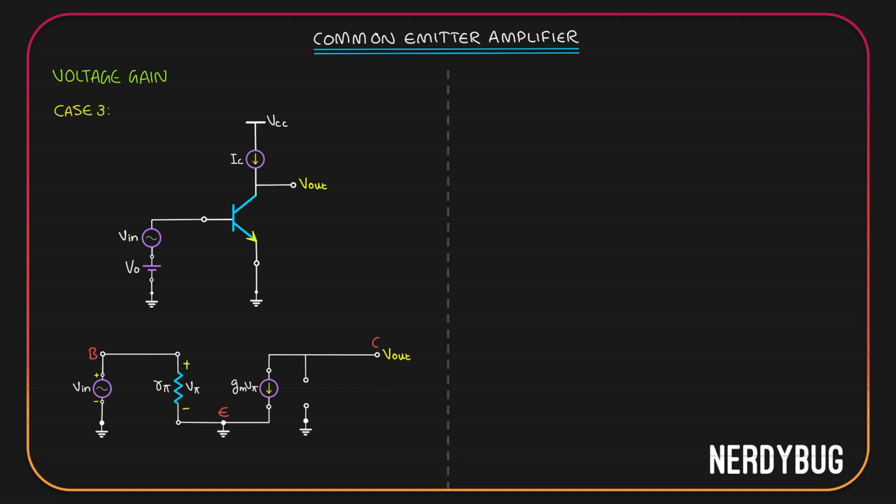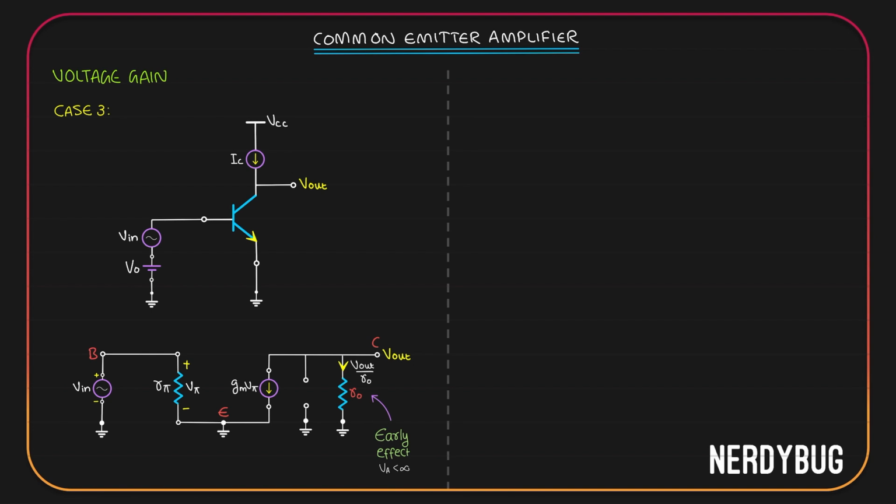So, I am going to include early effect, so I will have R naught over there. Now, for R naught, potential across it is V output. So, the current through it will be V output divided by R naught. If you want, we could do all the math and find out the voltage gain here, but I am sure you can tell me what the voltage gain is without doing all that.